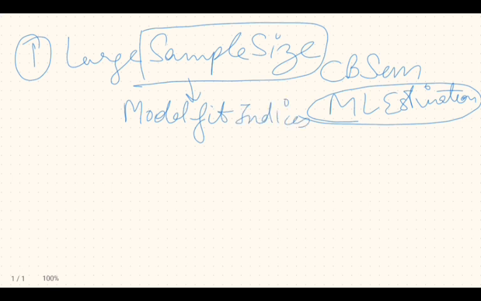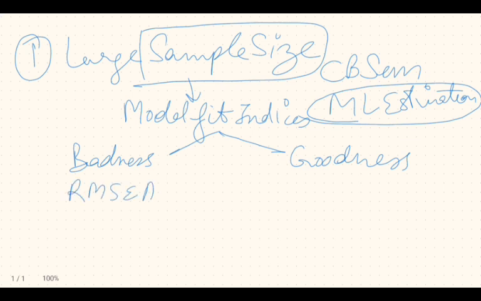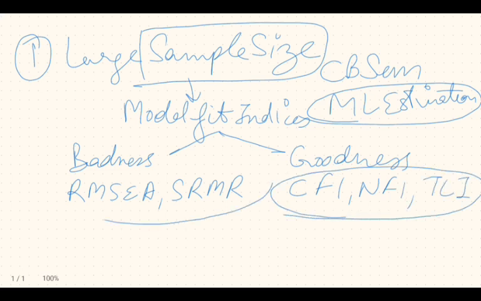Broadly, I can say badness of fit and goodness of fit. For badness of fit you have RMSEA and SRMR, and for goodness of fit you have CFI, NFI and TLI. These are the metrics which you look at for model fit.